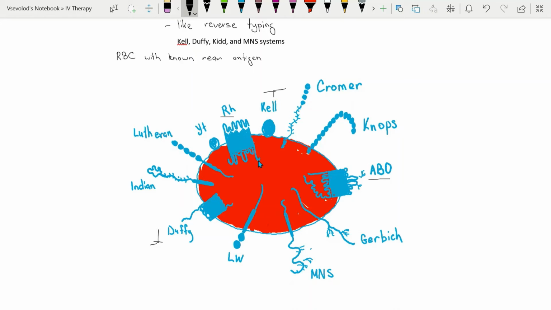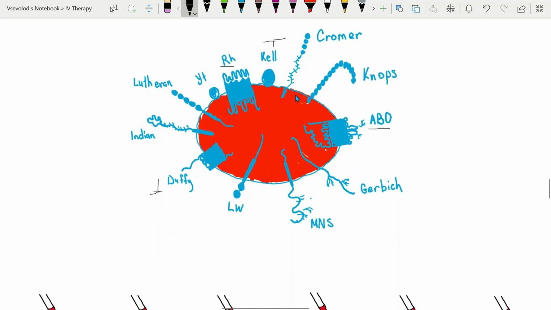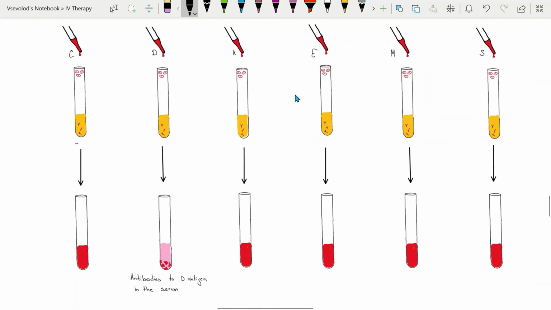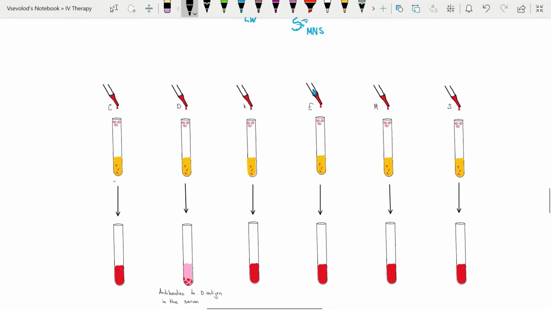Screen test is similar to reverse typing. For screen, techs want to find out if patient has any other antibodies present in their serum that can react with donor red blood cells. They take patient's serum, put it in several test tubes.